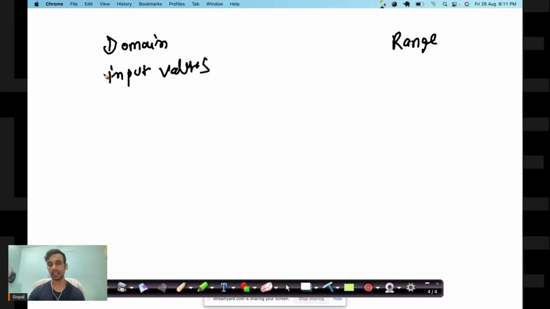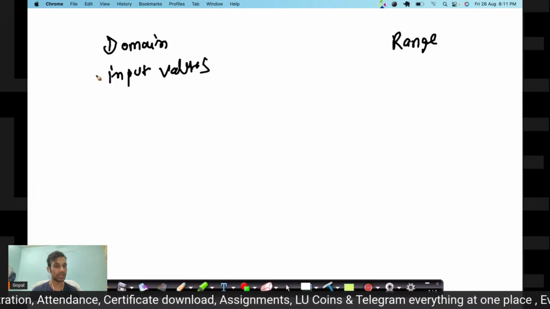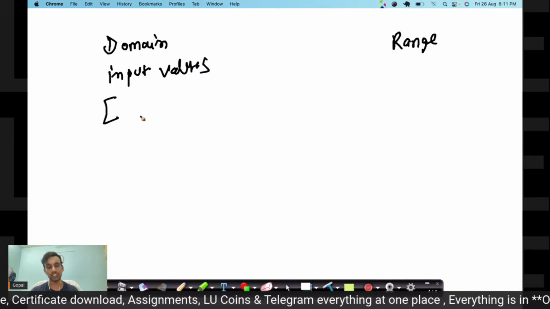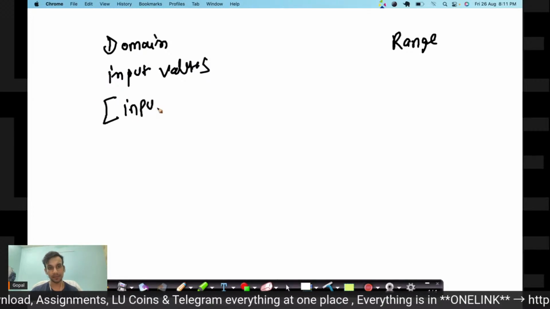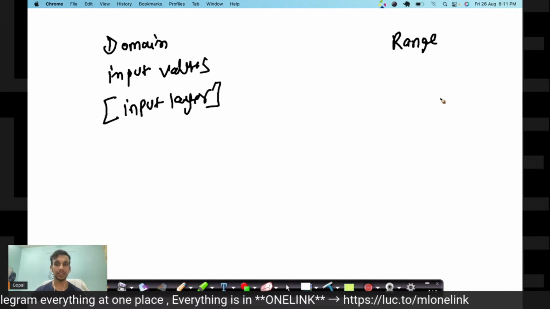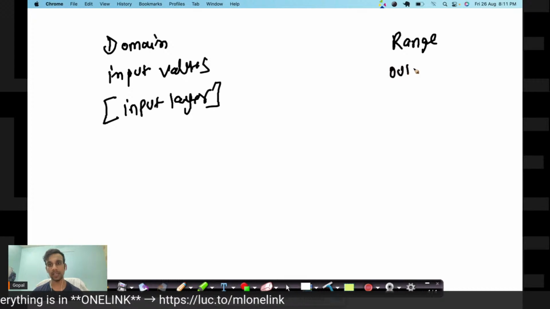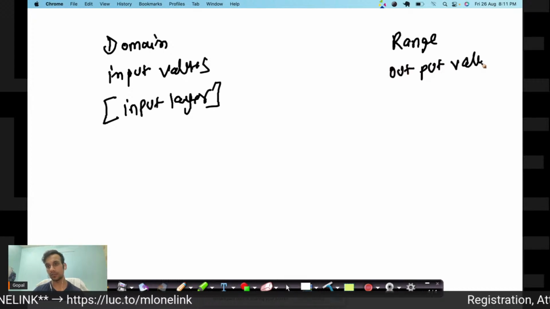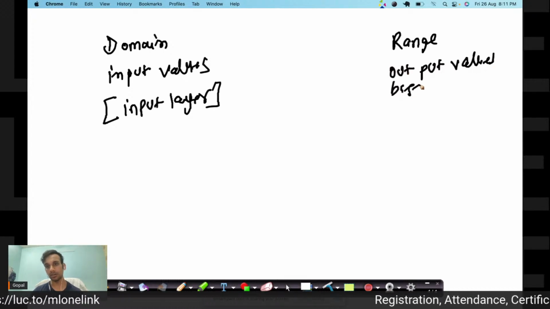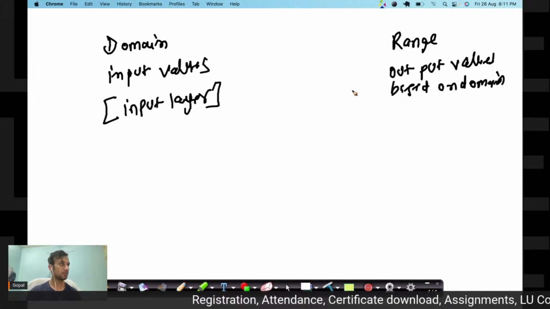If we look into the bigger picture, or zoom in a bit for ANNs, or artificial neural networks, this domain will be responsible for the input layer, right? And this range is the output values based on the domain.